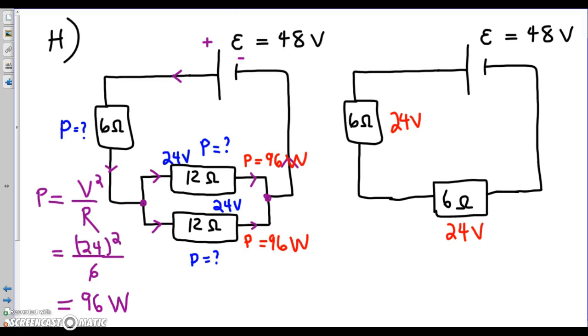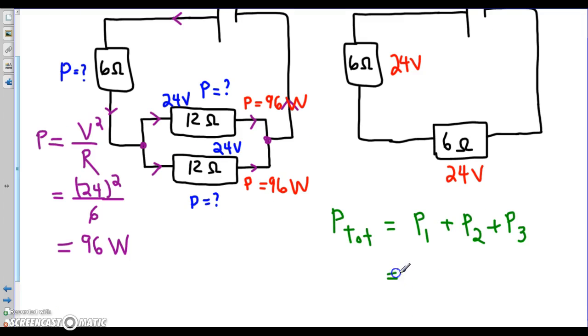And if you want to know the total power dissipated in the entire circuit, the total power would just be the sum of the individual powers consumed by each resistor. You would add up the 96 watts 3 times to get a final answer of 288 watts. We weren't asked for that, but that's the power dissipated by the entire circuit.